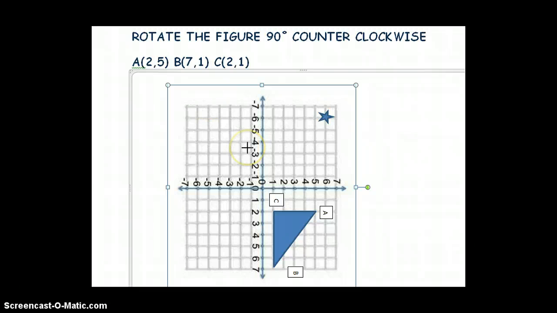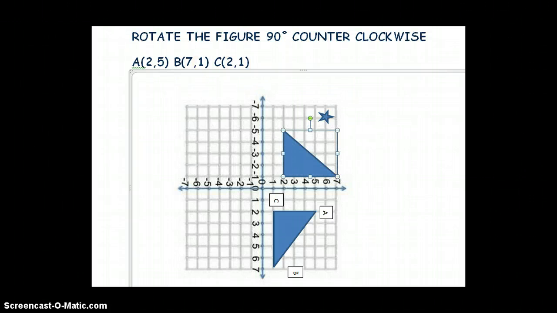So now we're going to graph our points exactly like we did the original shape. We go to 2, 5, 7, 1, and 2, 1. So now we have our new shape. Now we need to label our new shape using prime notation.